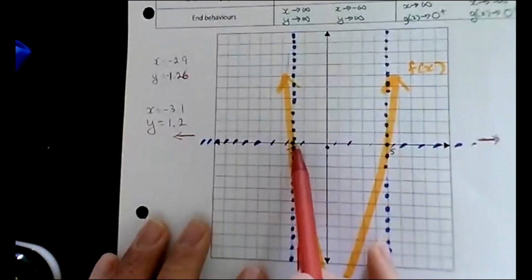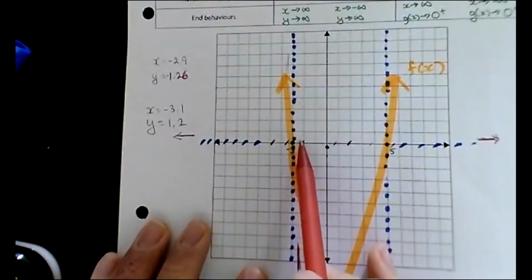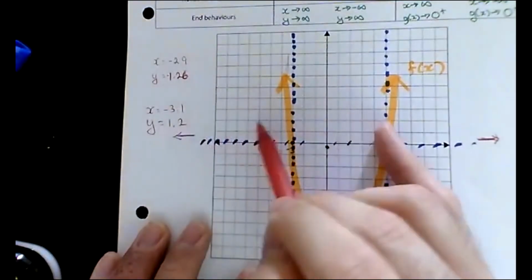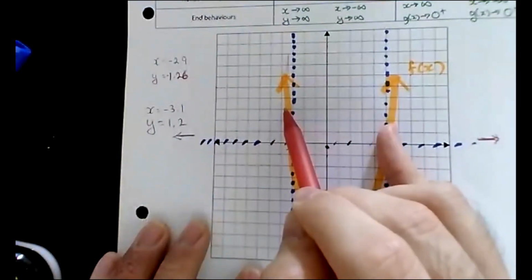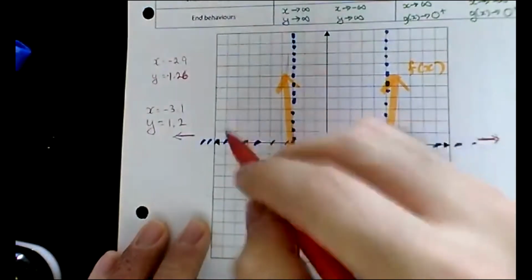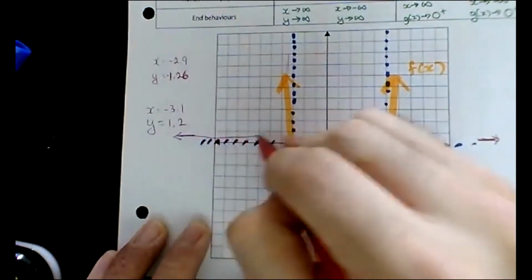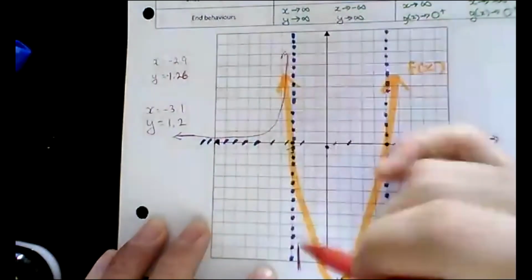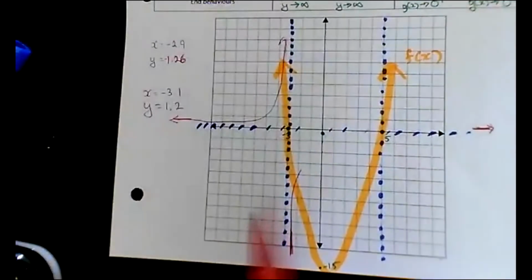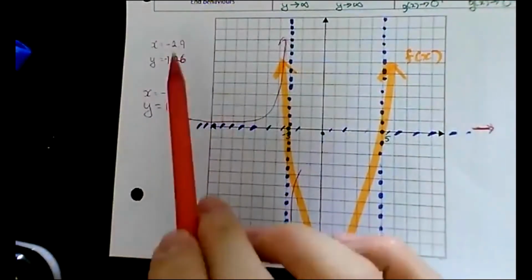If I plugged in a value to the right of the vertical asymptote, I get a negative number. So my line has to start here and end off on a positive number. My line has to then teleport to the bottom. The curve is going to look like that. That's the only way I can satisfy this discovery.